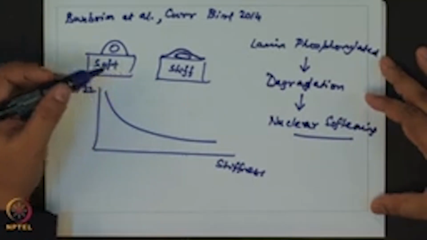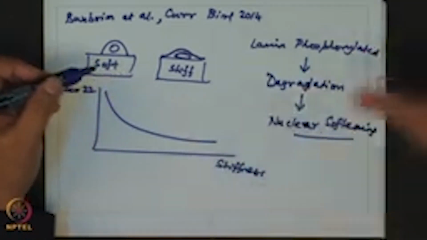So, this is one of the mechanisms by which, depending on a soft or a stiff substrate, the extent of phosphorylation changes, and as a consequence the nuclear stiffness can also change.